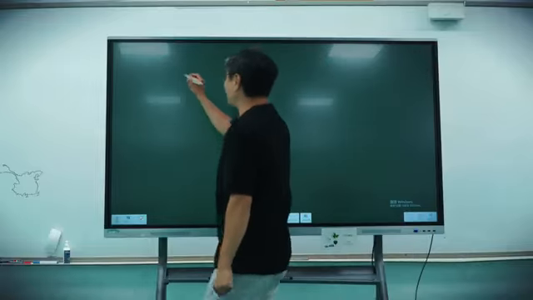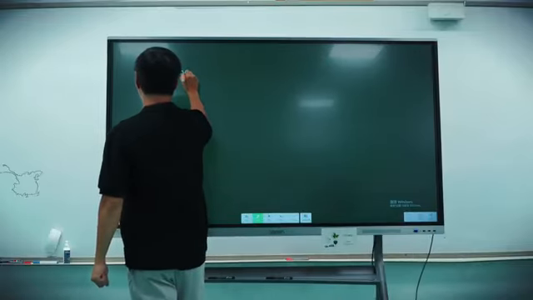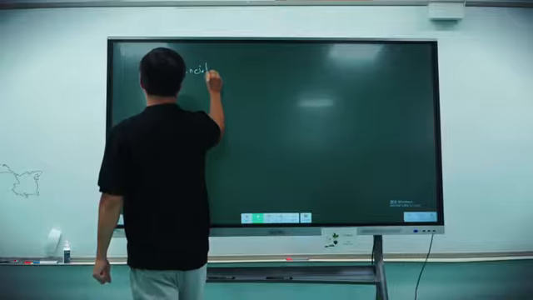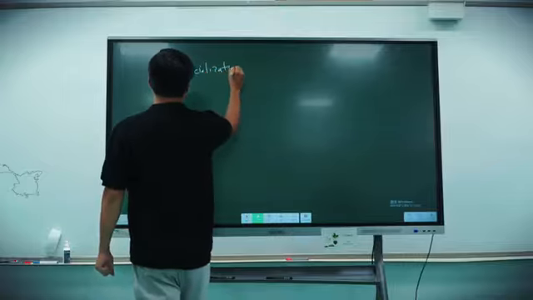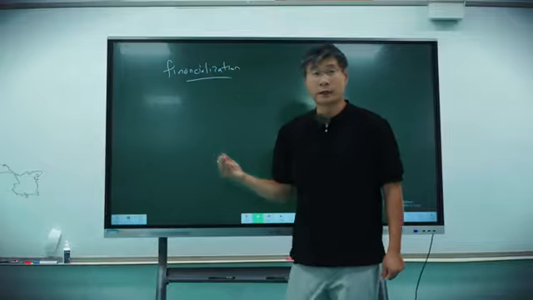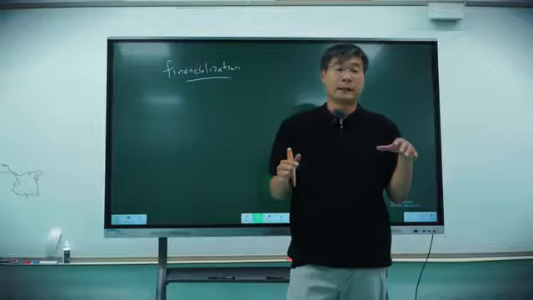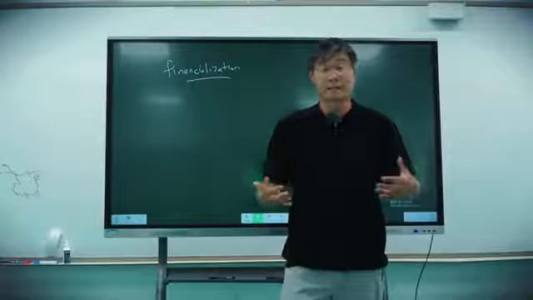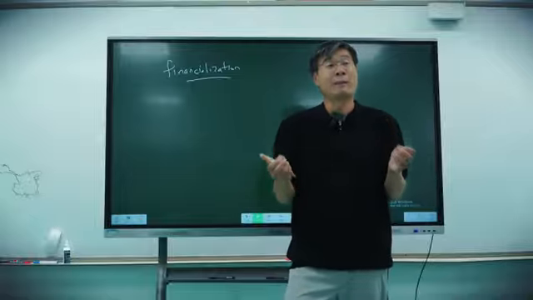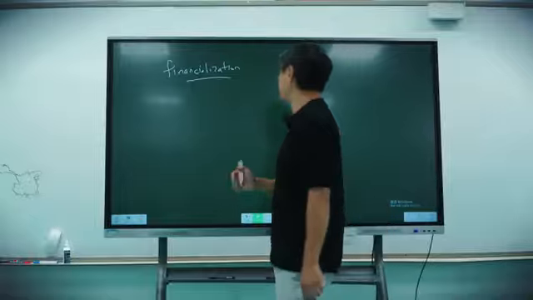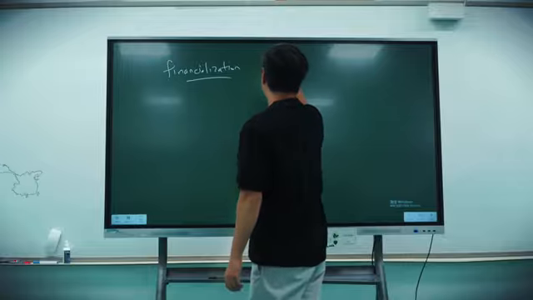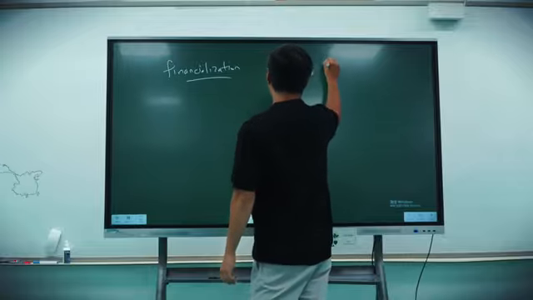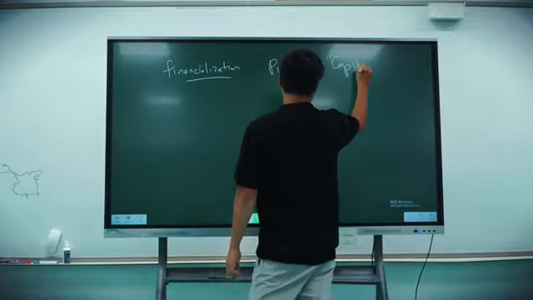The first is the idea of financialization. And this theory is proposed by an economist, a French economist named Thomas Piketty. Okay? And he wrote a book called Capital in the 21st Century.